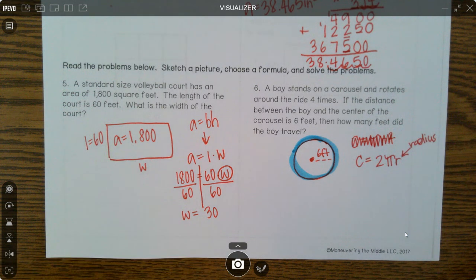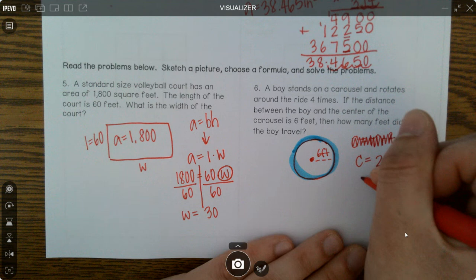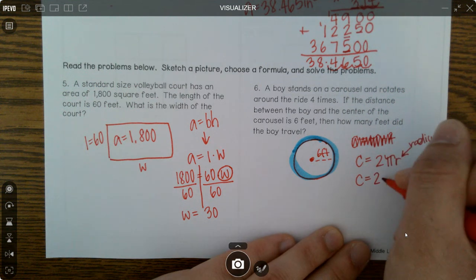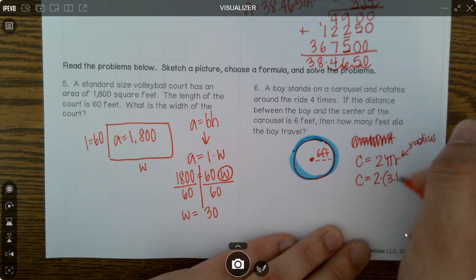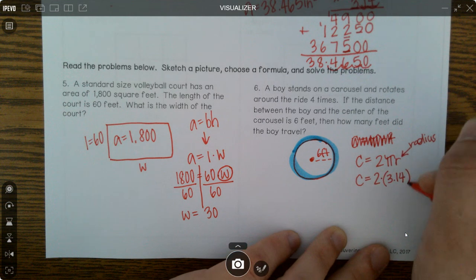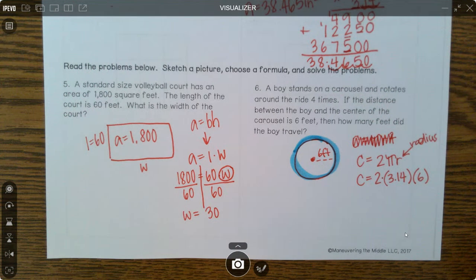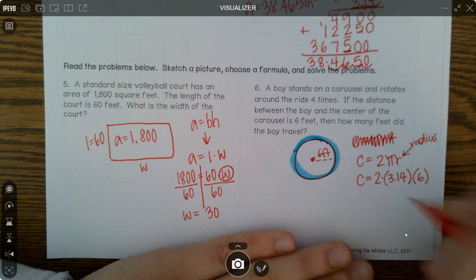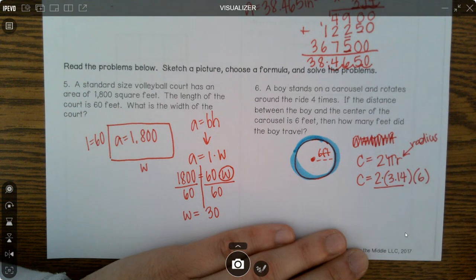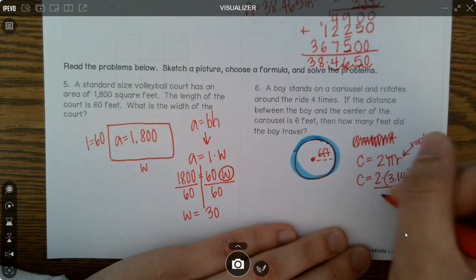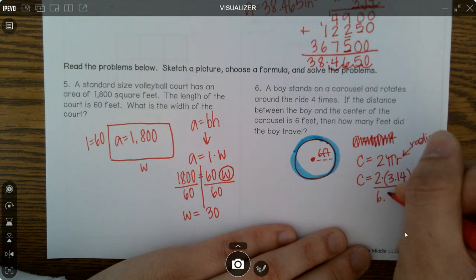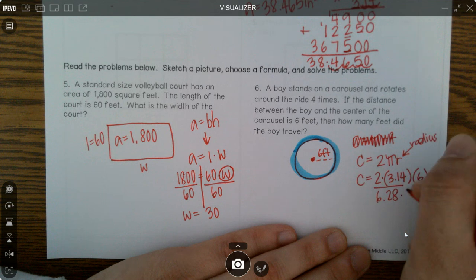Okay, so when I plug in my values here, I have C equals 2 times 3.14 multiplied by the radius of 6. All right, find what the circumference would be. So when I solve this out, 3.14 times 2 gets me 6.28 times 6.